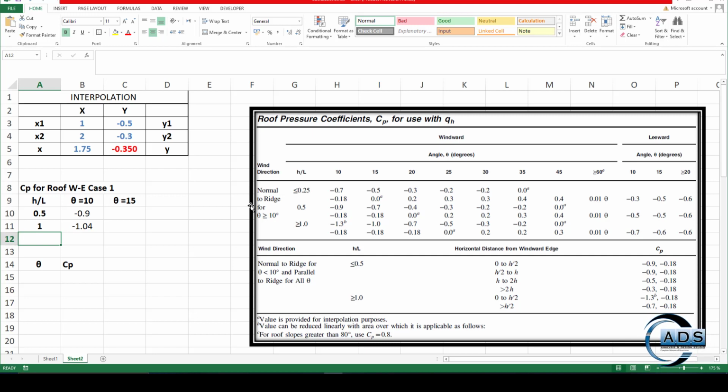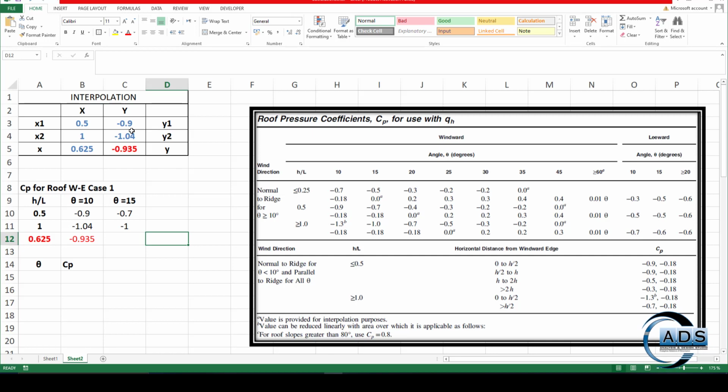And we will look now for theta 15 degrees. Against H over L 0.5, at theta 15 degrees, we can see that it is minus 0.7, and for 1 it's minus 1. Let's do the interpolation one by one. For H over L 0.5 and 1, and our desired value 0.625, it's minus 0.9, minus 1.04, so it's minus 0.935.